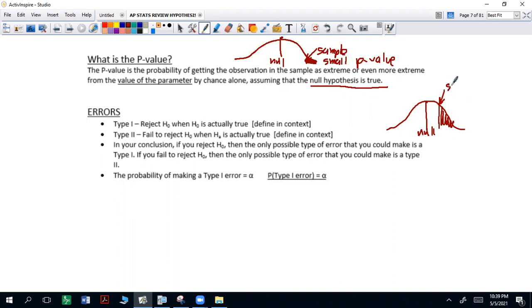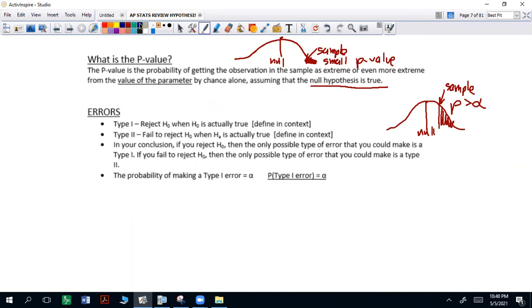So your statistic's p-value is going to be greater than your alpha in most cases. So the further away from the null, the more likelihood that you're going to reject the null hypothesis because that p-value is so small. Not very likely it's going to happen.